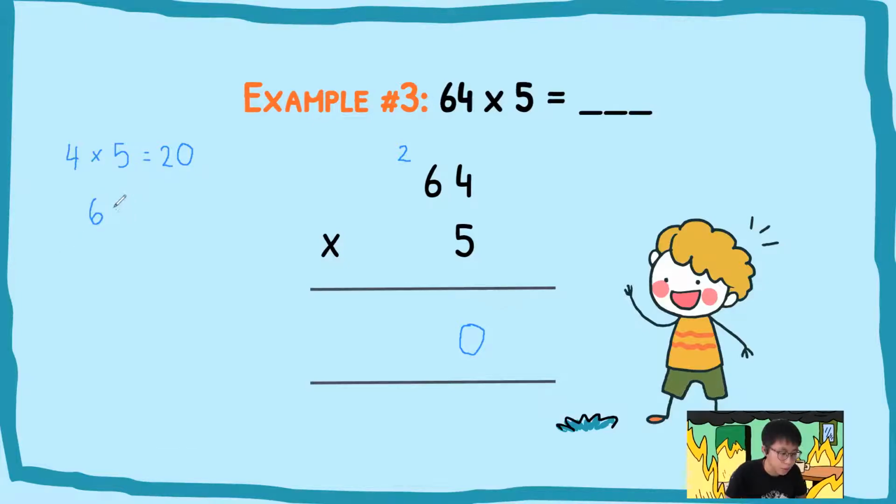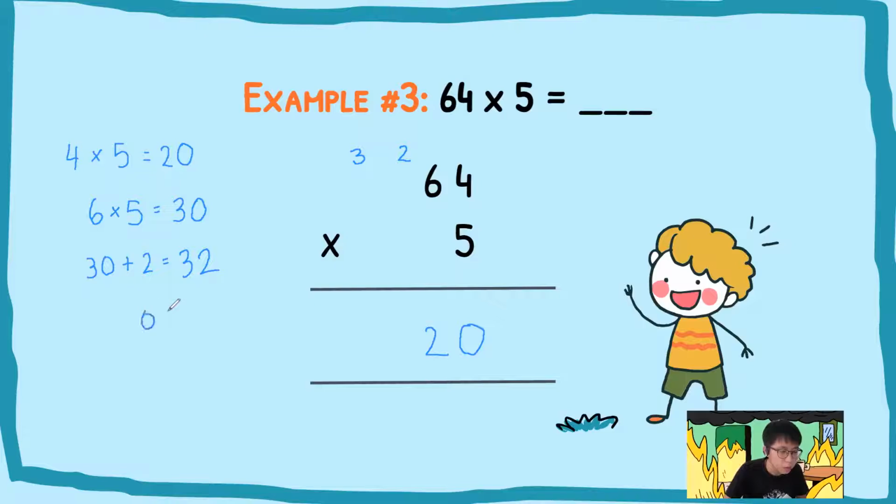Then 6 times 5 equals to 30. Then we cannot forget about the carryover. So 30 plus 2 equals to 32. So from right to left, we will write 2. And 3 will be carried over to the invisible number over here, which is 0.